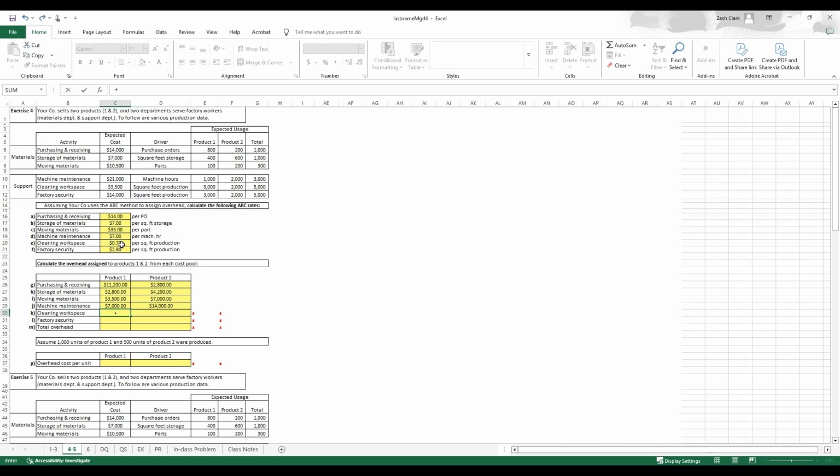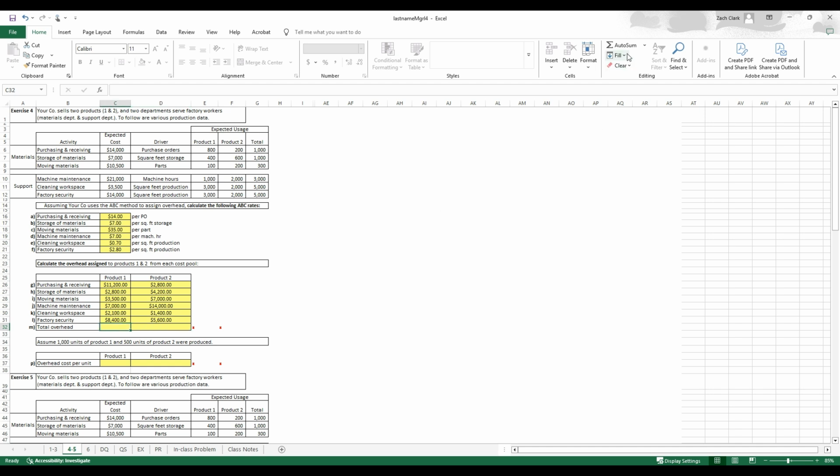Cleaning, we've got 70 cents times 3,000, and again 70 cents times 2,000. And finally, our factory security, we've got, again, the same 3,000. And actually, I could just drag this down because it's already linked. It's using the same driver there, so that works.